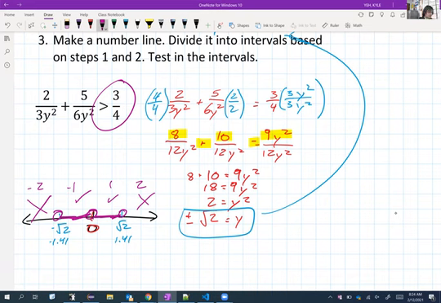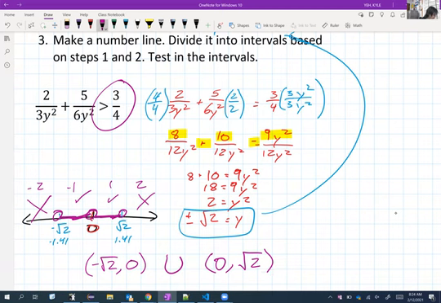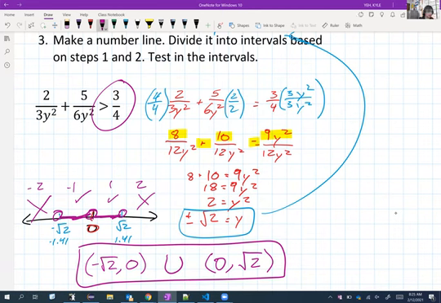I'm going to say that my answer then is -√2 to 0, with parentheses, not including either of those, unioned with, combined with, that's what that U means. It's kind of like an and, if you can think of it that way, and 0 to √2. So those are the 2 intervals on my number line that worked.